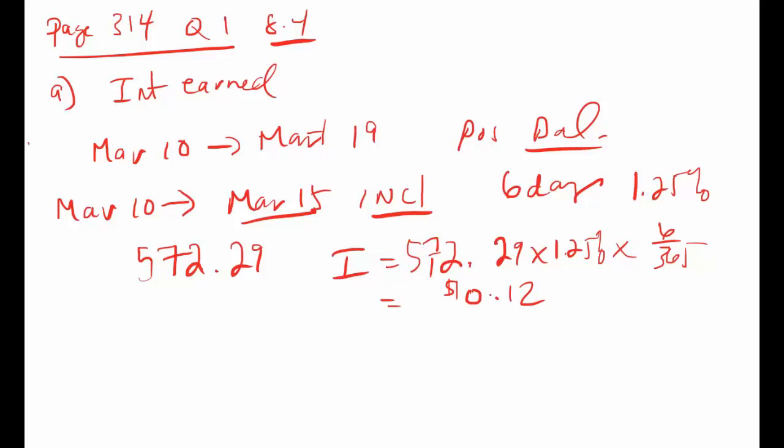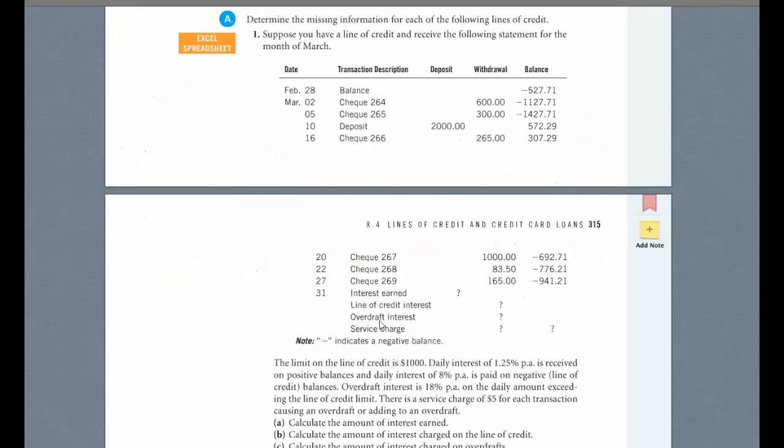Okay. Next is from the 16th to the 19th, which is 4 days. The interest is still 1.25% on positive balances, but the balance is now $307.29. You can check yourself, 307.29 right there.